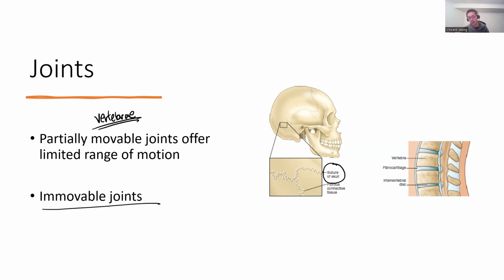And I told you when the baby is born, the head is not fully ossified yet, right? It's still kind of flexible. But as we grow, that cartilage is going to be replaced by calcium, and ultimately they will form these sutures, and then it will be the immovable joints.